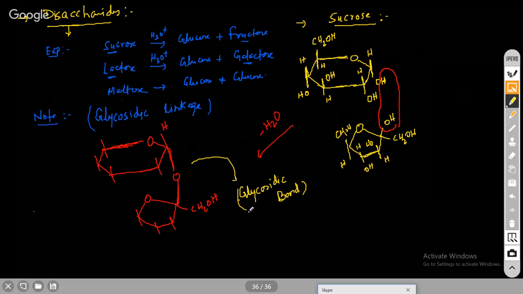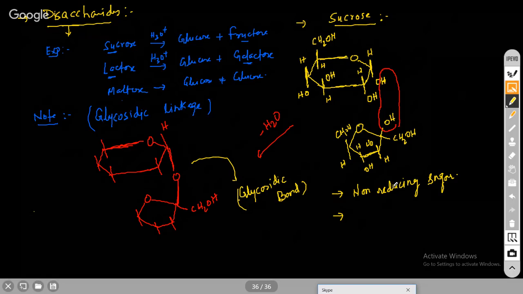Now you write down some properties of this. The first, which is important and has been asked in the exam also, is that it is a non-reducing sugar. One test you must have written, in that they asked one of these questions.